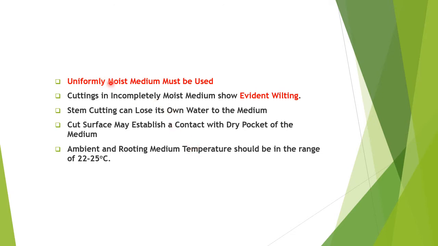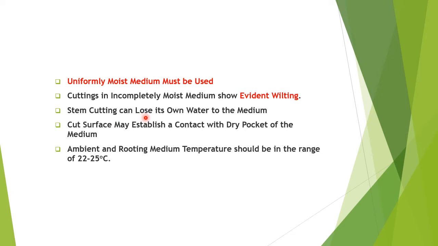And the medium should be uniformly moist. Why? Because if you put the cuttings in an incompletely moist medium, what will happen there? There will be evident wilting in stem cuttings, because when you put a stem cutting in a medium, it has a cut surface.